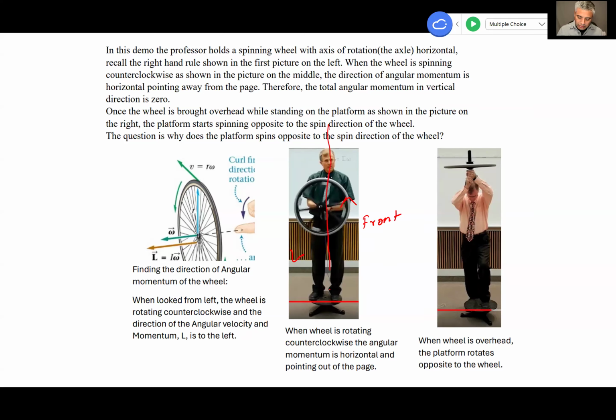How about the angular momentum in the vertical direction then? Since nothing is spinning in this direction, initially angular momentum is 0 in the vertical direction.